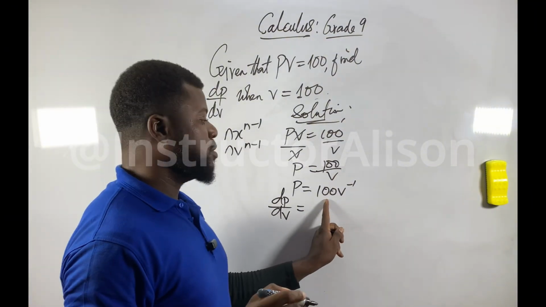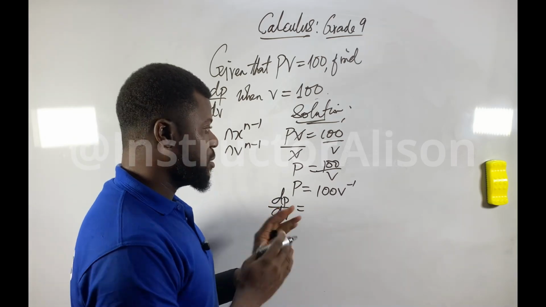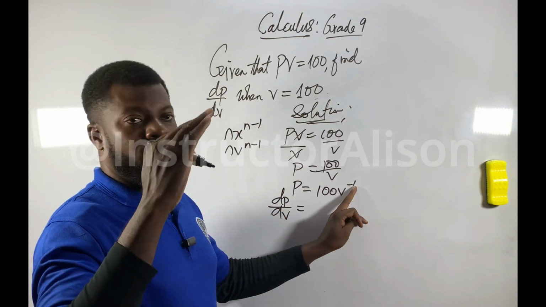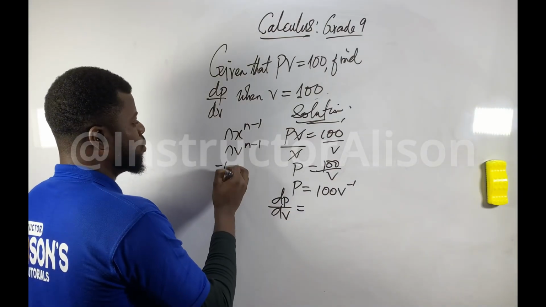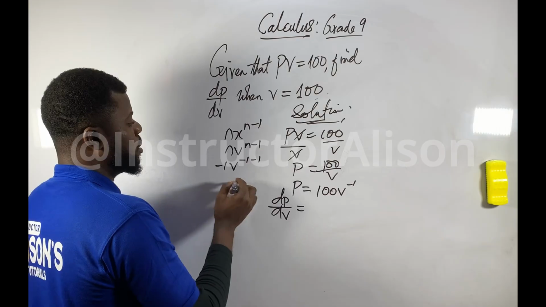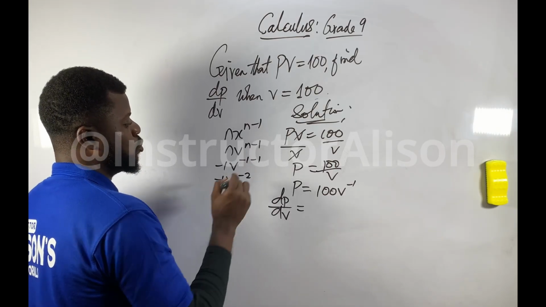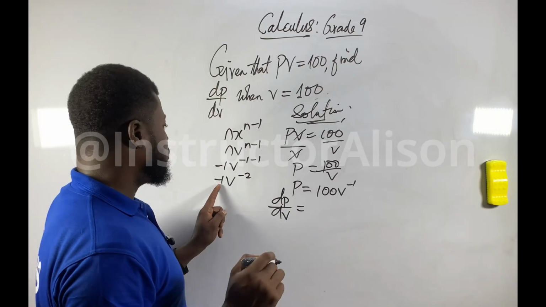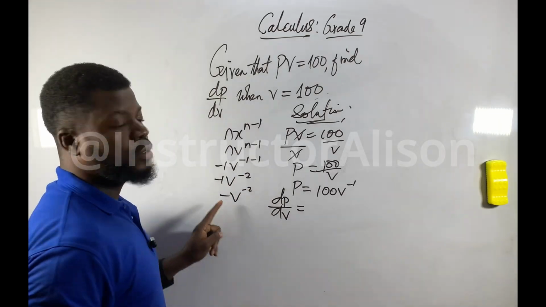Remember 100 is a constant, so you keep it as a constant. Minus 1 is the power, n, so anywhere you see n, you put minus 1. V to the power of minus 1 minus 1 gives V to the power of minus 2. And negative 1 times anything is still negative of that thing.